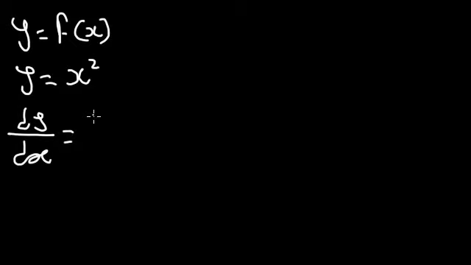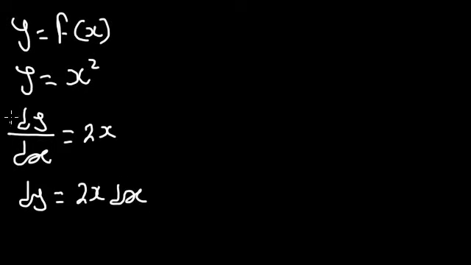So dy/dx is equal to 2x. Now, what if we multiply both sides of this equation by dx? Notice that we now have dy equal to 2x dx. Now, you might be wondering, why is it possible to multiply both sides by dx?